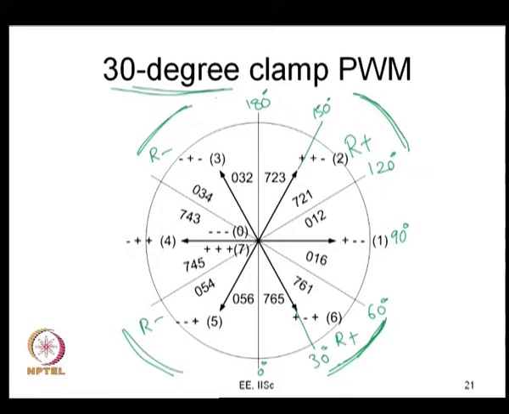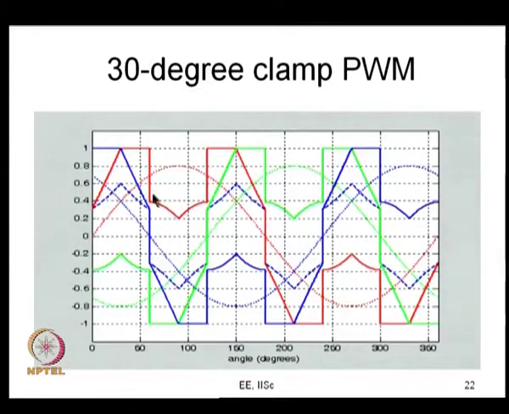In this, you will find it is not only R phase; take any phase, Y or B also. Every phase is clamped to its DC bus during the middle 30-degree duration in every quarter cycle. It is clamped to the positive bus if it is the positive half cycle, and to the negative bus if it is the negative half cycle, and this is the corresponding modulating signal that we had seen here.